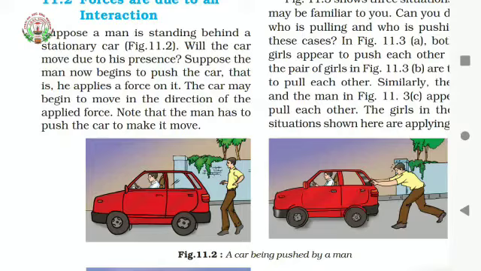It will not move. Suppose the man now begins to push the car. That is, he applies a force on it. The car may begin to move in the direction of the applied force. That means the man has to push the car to make it move.